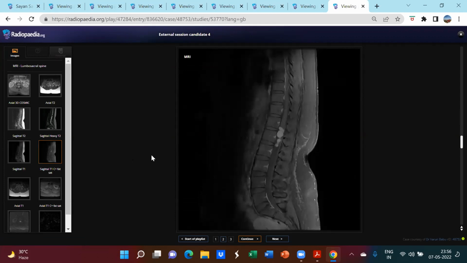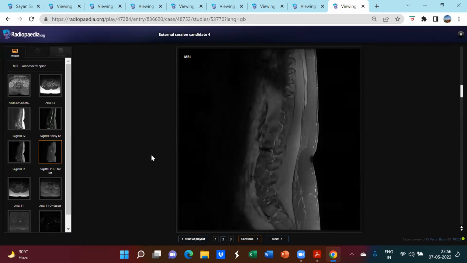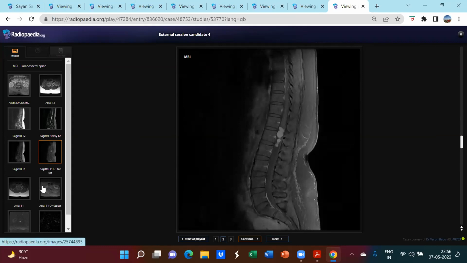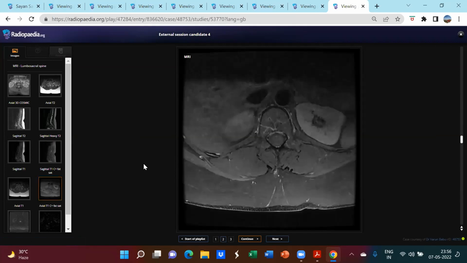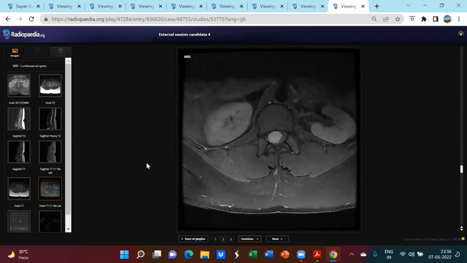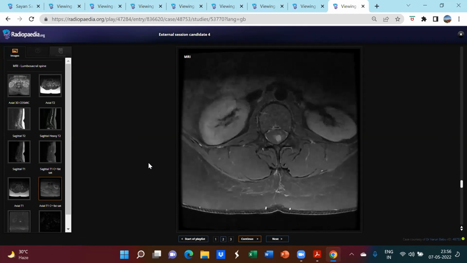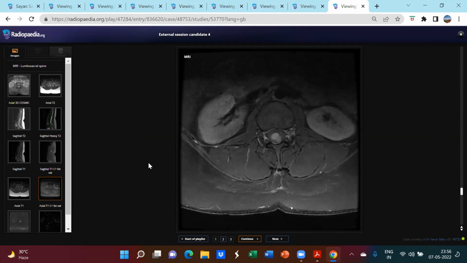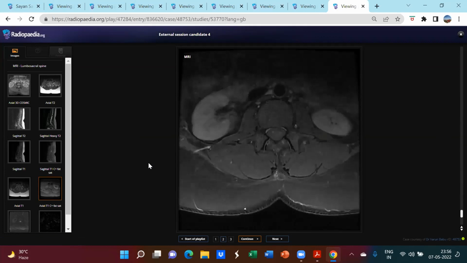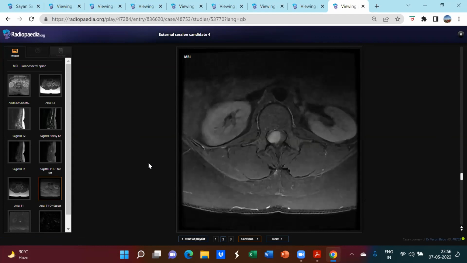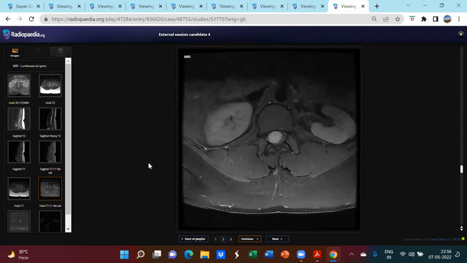On the post-IV contrast images, this shows significant enhancement. Seeing the post-IV contrast axial images, this lesion appears to be intradural and extramedullary.